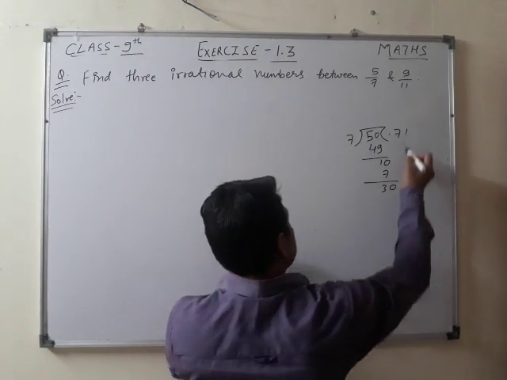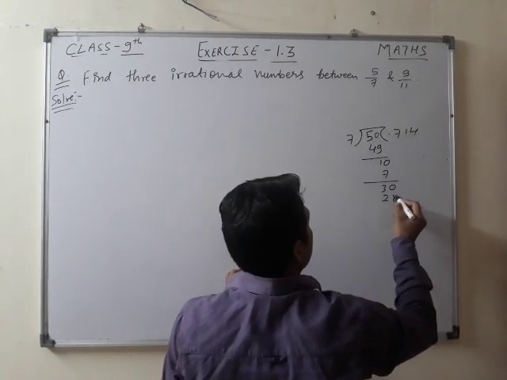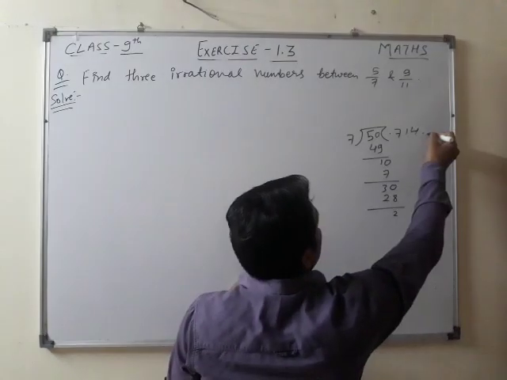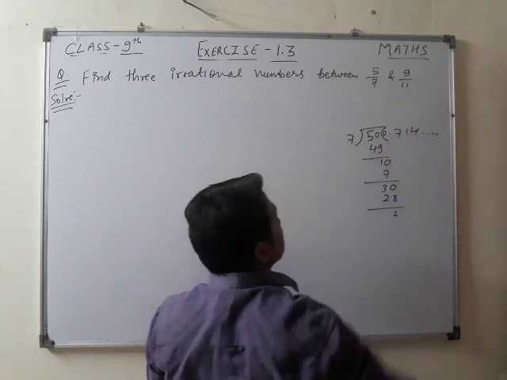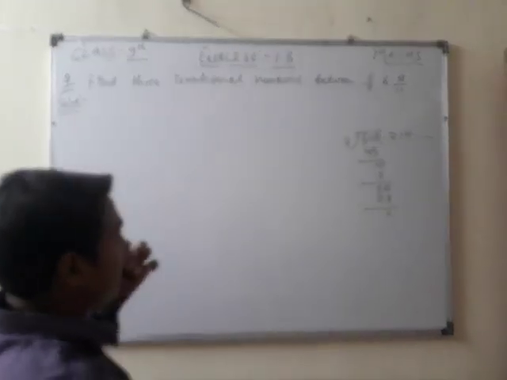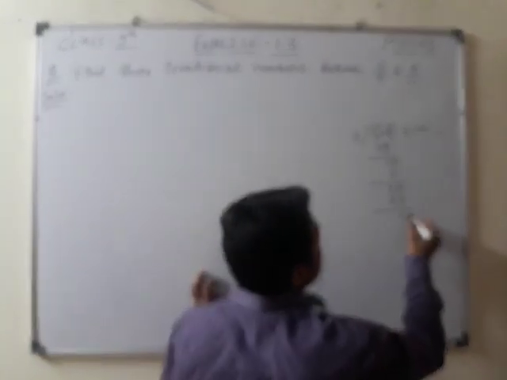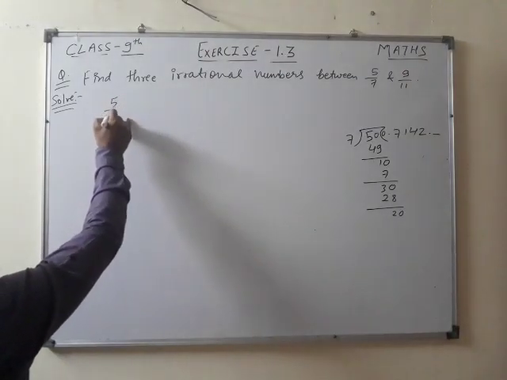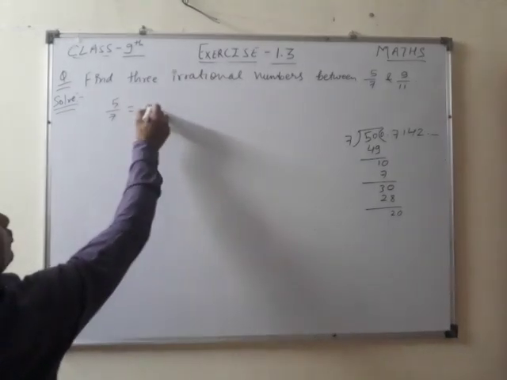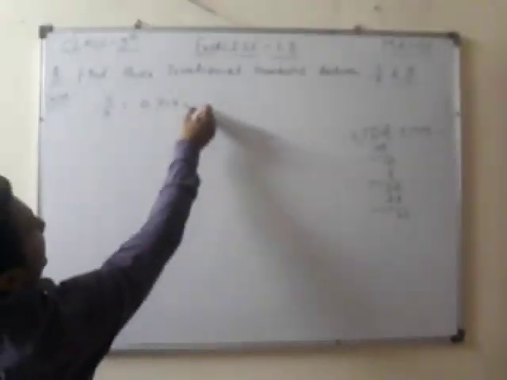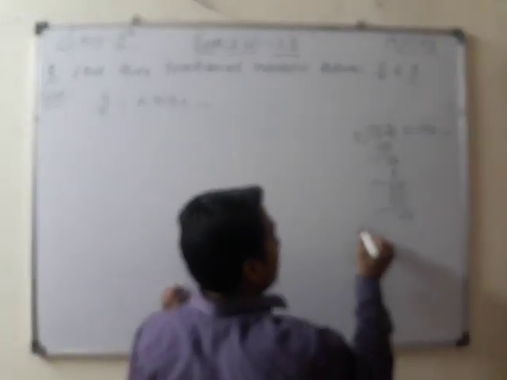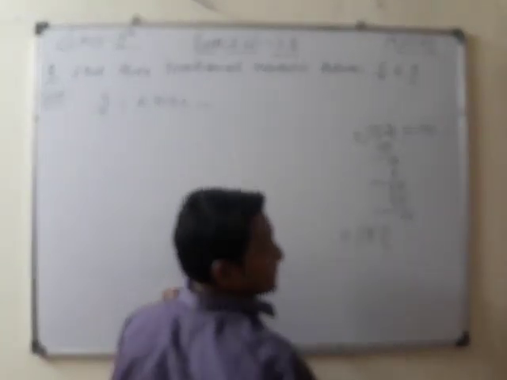One more 0, 7 ones are 7, 3 is the remainder. One more 0, 7 fours are 28, 2 is the remainder. It will continue, a non-terminating number. So 5/7 is equal to 0.7142 and so on.